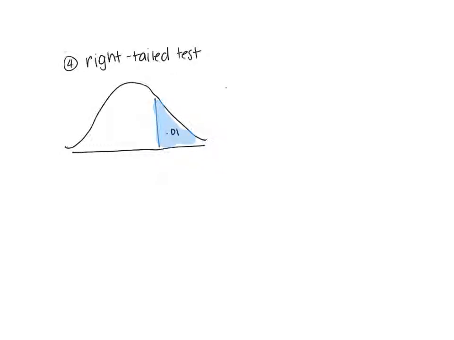So now I'm going to use inverse norm. The area to the left is 0.99. To find the critical value. The critical value is 2.326.